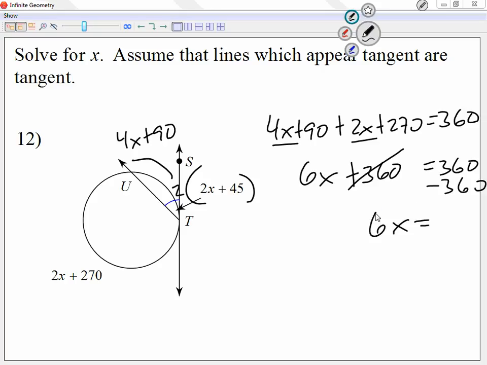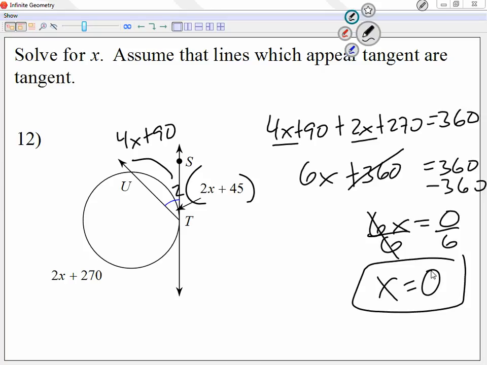So I have that 6x equals 0. Let me divide both sides by 6. 0 divided by anything, it's 0. So x equals 0. The idea for me to solve for x was the angle is half of the arc. So if I'm given the angle, multiply it by 2 to get the arc.